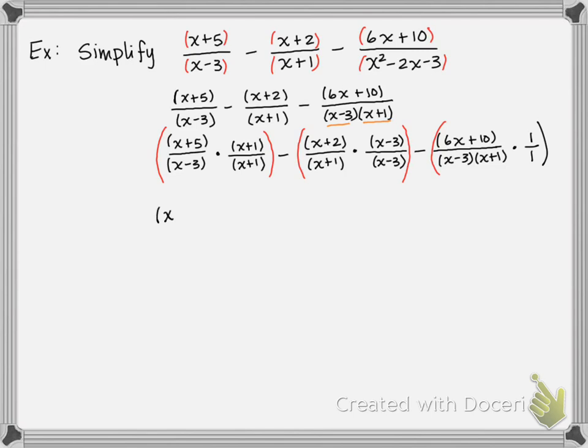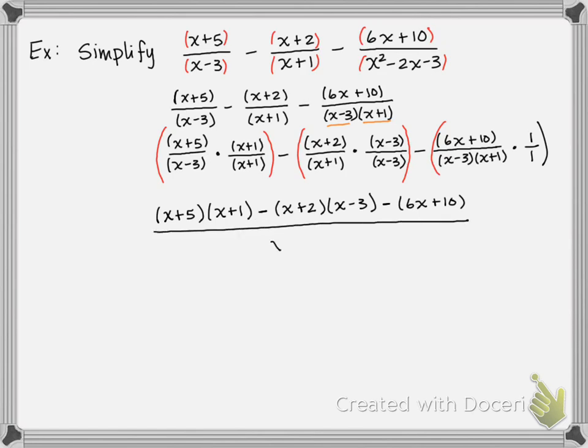So we now have x plus 5 times x plus 1 minus x plus 2 times x minus 3 minus 6x plus 10. We have to be really careful here with signs, especially when we multiply those two polynomials together.